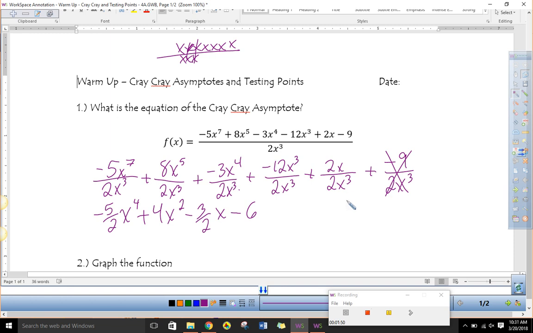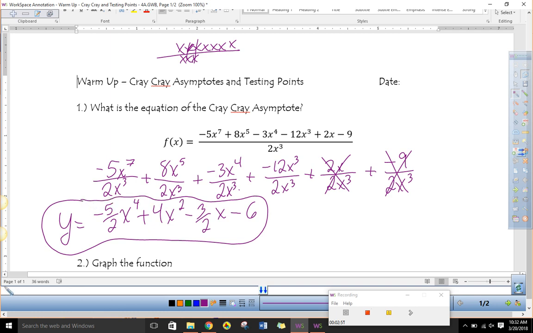So then what about this guy? This is going to be part of my remainder also, right? Because I would end up with x's in my denominator. We don't care about that. So the remainder would be whenever there's leftover x's in the denominator. So this, y equals this, is the equation of that crazy asymptote. You're going to see it as other asymptotes, but that's a crazy asymptote.